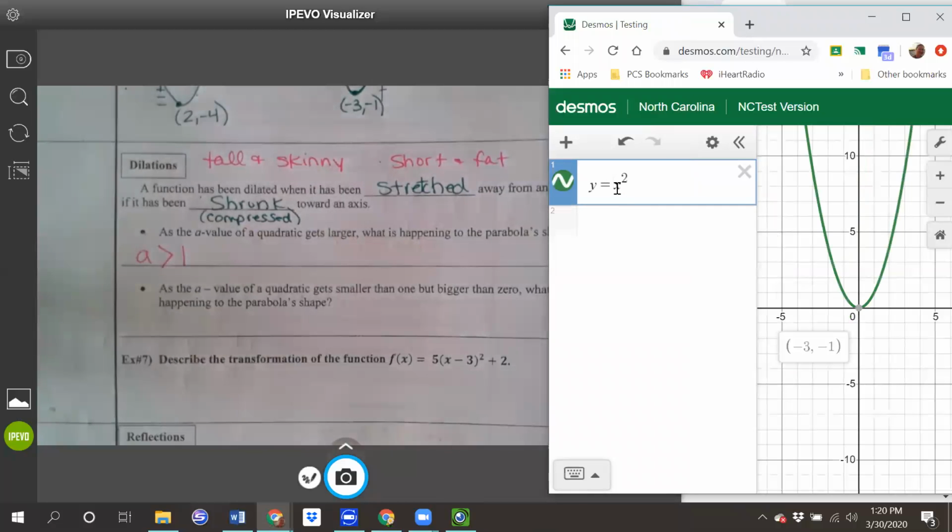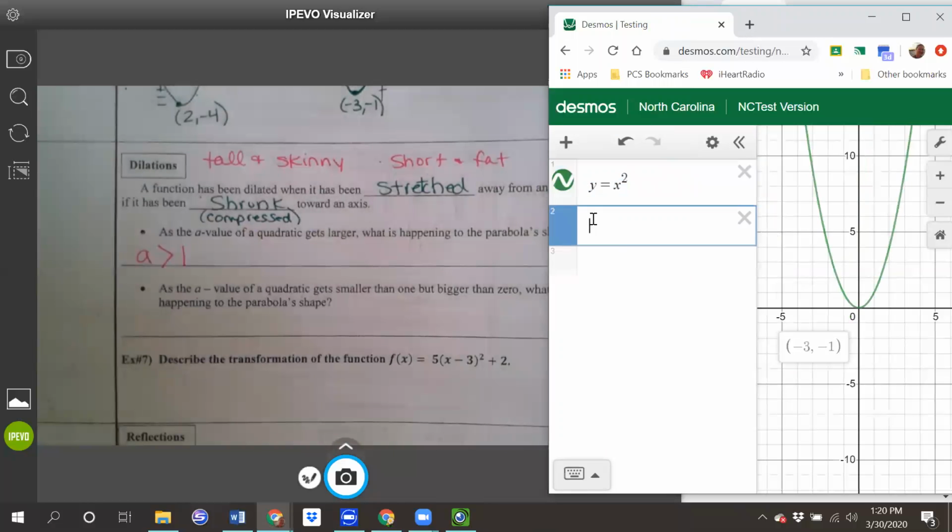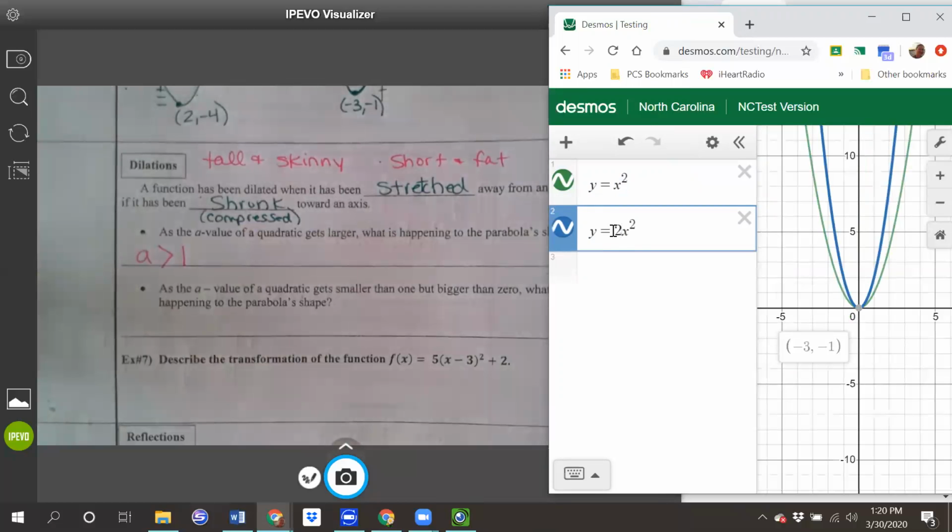So right now the A value is 1. Let me copy, and I will mess with this one. So the parent is green, and the one that I am messing with is blue. Okay, so what if I make it a 2? What if I make it a 4? What if I make it a 10?